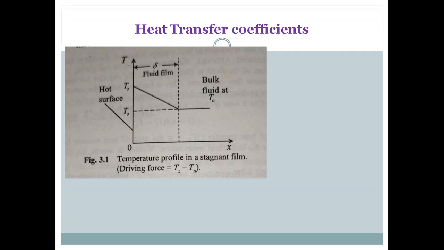But in reality, the film thickness delta and flux, both will be unknown. And we told that the mass transfer coefficient is closely related to delta. If delta is low, then the mass transfer coefficient will be high.